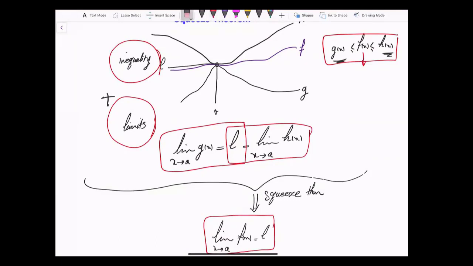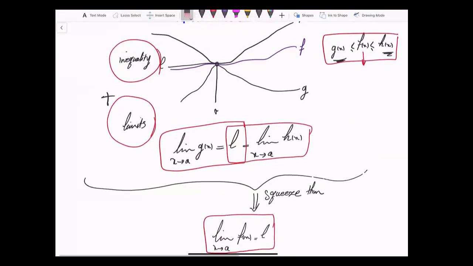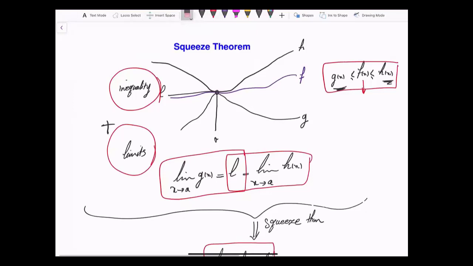As I said at the beginning, they may not even be defined at that point. They may get closer to each other as much as they can, but they may not have the same value over there.